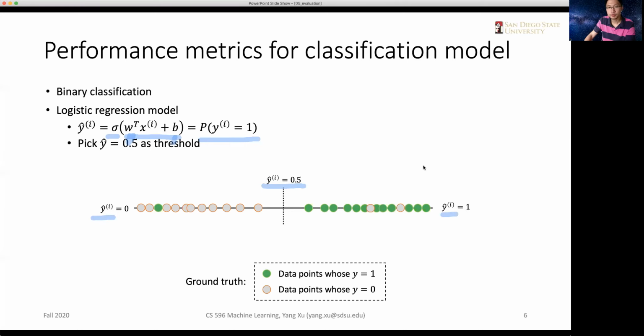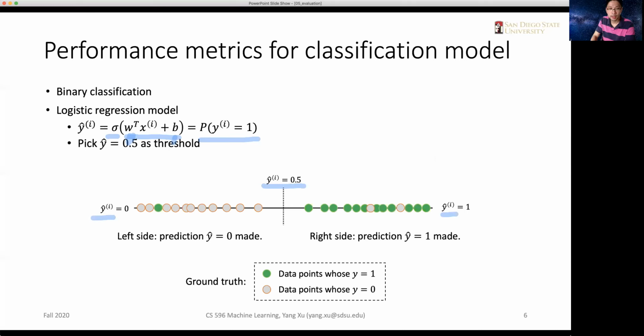Okay, so we notice that some gray data points are misclassified as 1. So that's where the model made a mistake. And one green point is also classified as 0, which is also an error or a mistake made by the model.